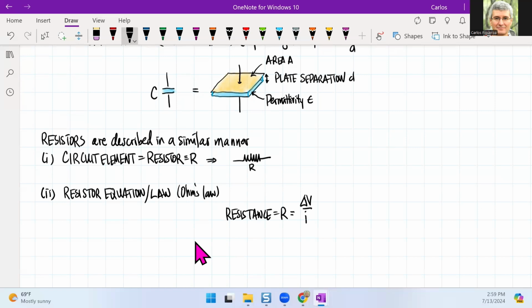When I say material dependent, I mean the whole package. And then what we find here is that the resistor's characteristics is described by the resistance.